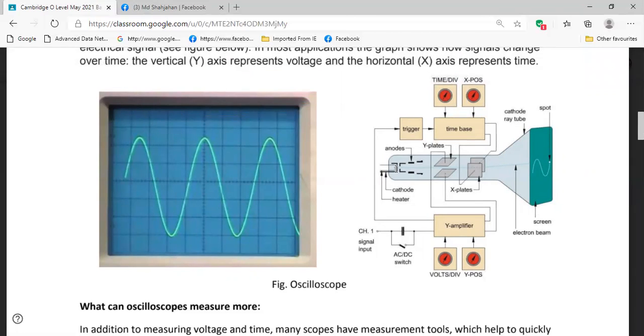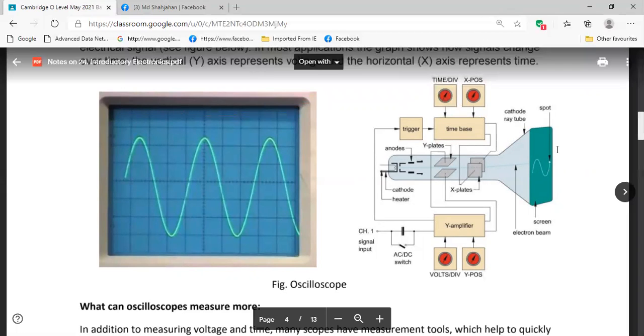So there is one hole here. Through this hole, the electron beams can go straight. These electrons are attracted by this anode, but they go through this anode till the screen.